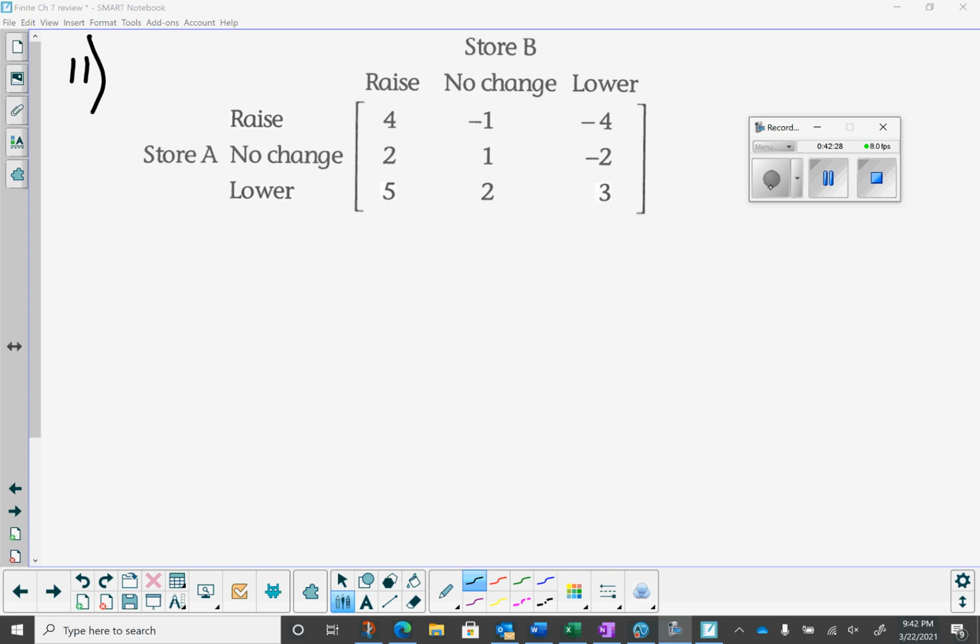So if store A raises their prices and store B also raises their prices, 4% of the people who used to go to store A are now going to go to B. Store A raises their prices and store B has no change, then the percentage of customers who go from store A to store B is -1.